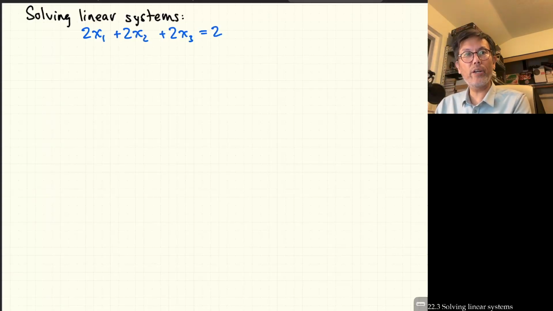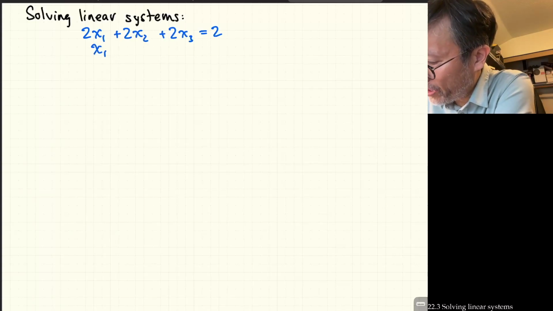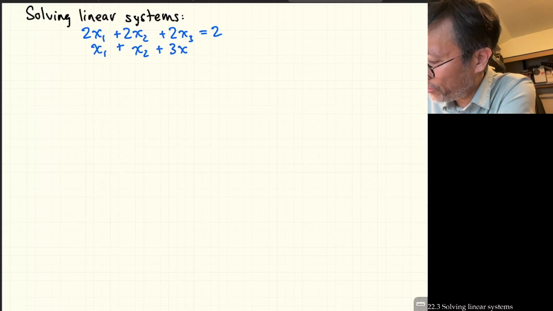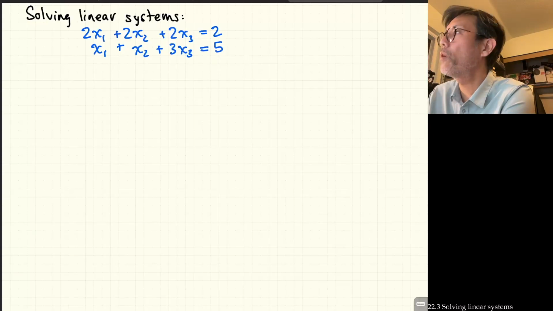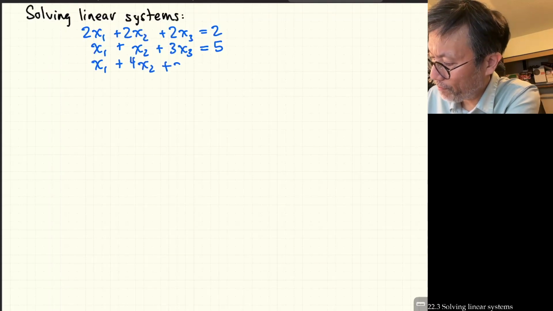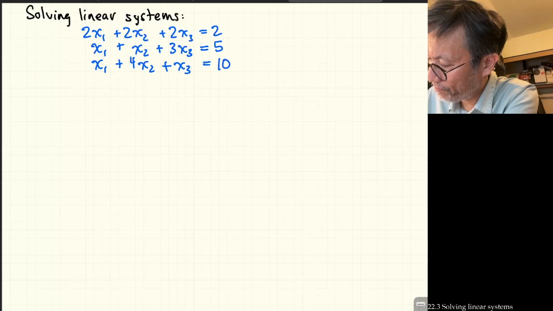That's a linear equation in x1, x2, and x3. Let's take this equation, x1 + x2 + 3x3 = 5. There's another linear equation. And let's put one more: x1 + 4x2 + x3 = 10.